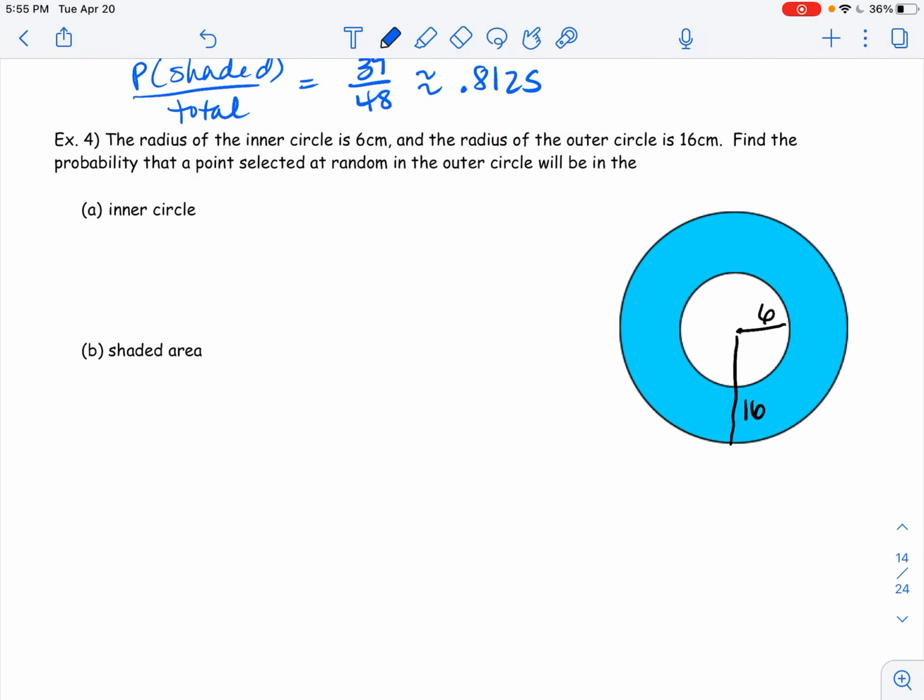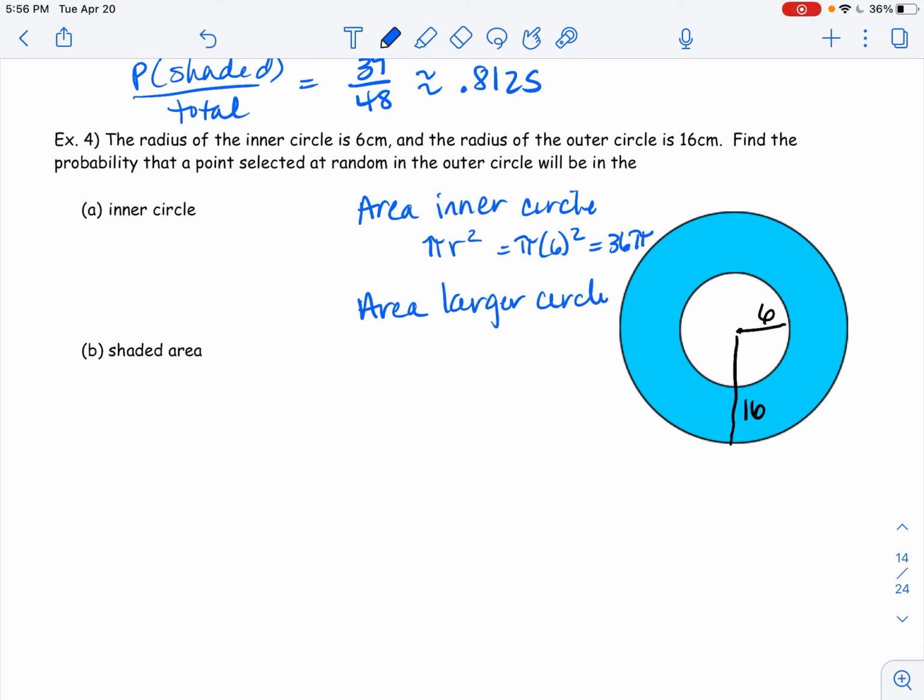Okay, so let's go ahead and find these areas. The area of the inner circle is just pi times r squared, which is pi times 6 squared, or 36 pi. And the area of the larger circle is pi times r squared, which is 256 pi.